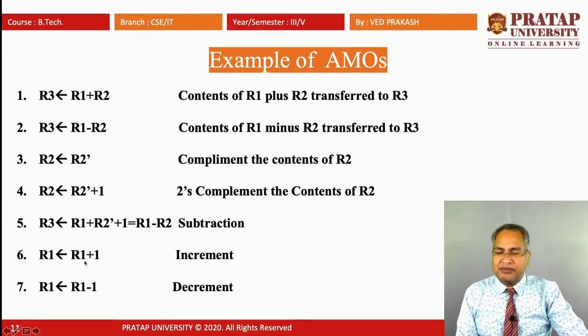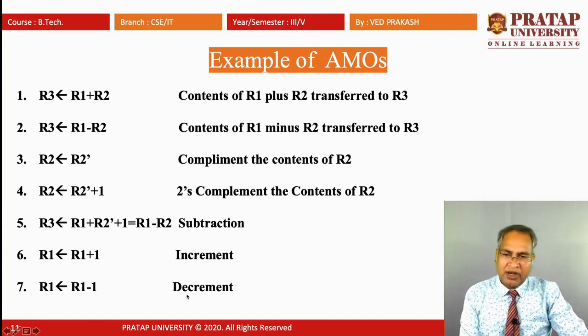Now in statement 6, R1 plus 1 is shifted into R1, it means that is the increment micro operation, and in the last operation we observe that the content of R1 minus 1 is shifted into R1, that denotes the decrement micro operation.